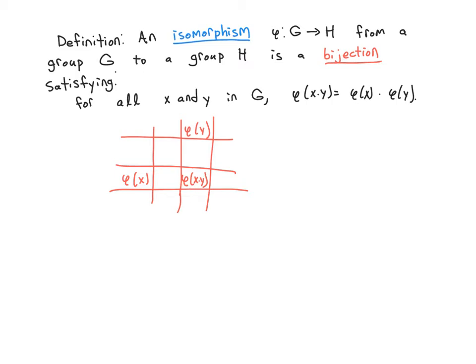And then, by that logic, what must go here is phi of x times y, because what was here was x times y. Then the point is that what you should get at the end of the day is the multiplication table for the right group on the right hand side. So this is telling you how to multiply that row times that column.